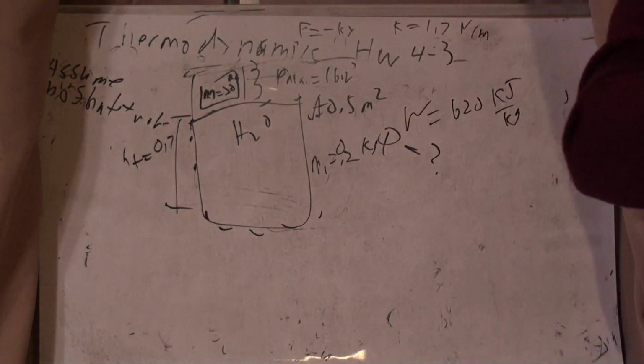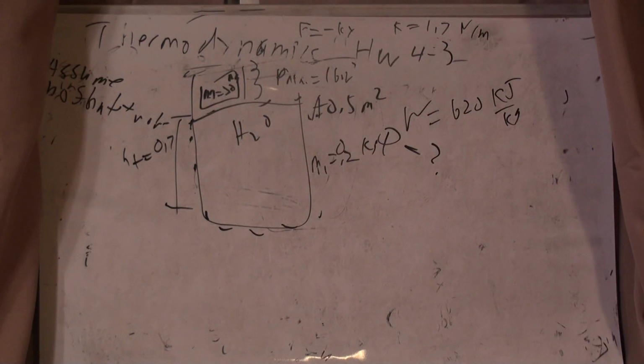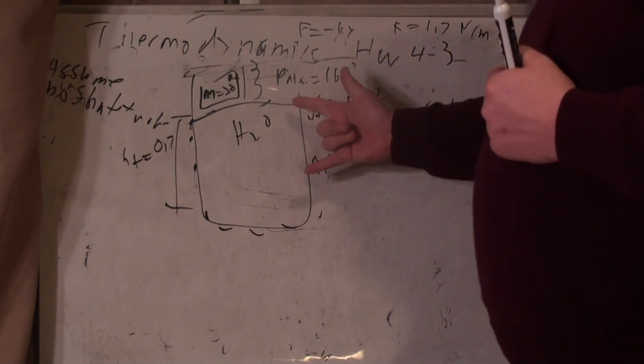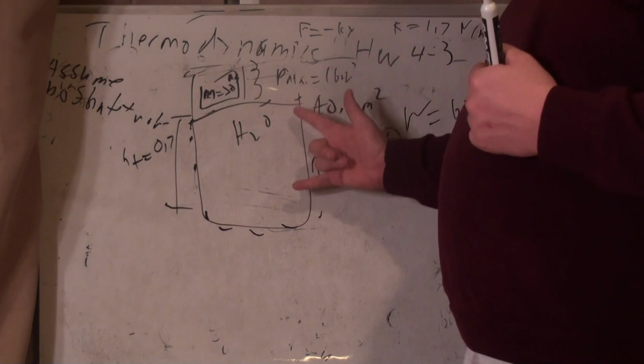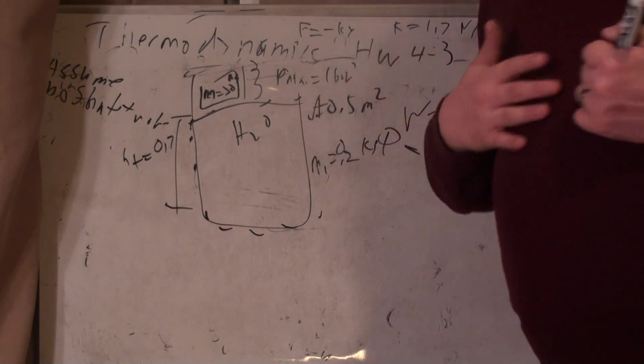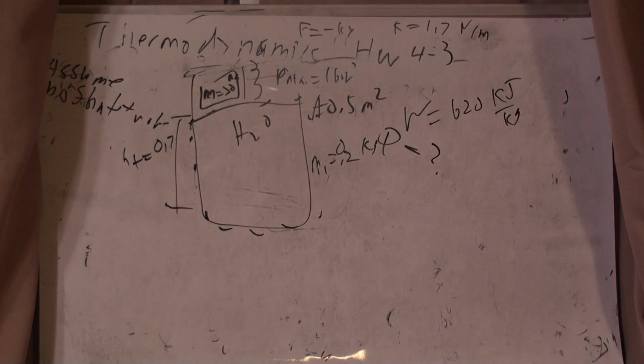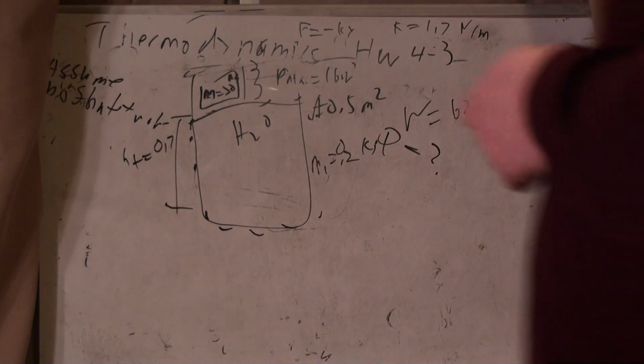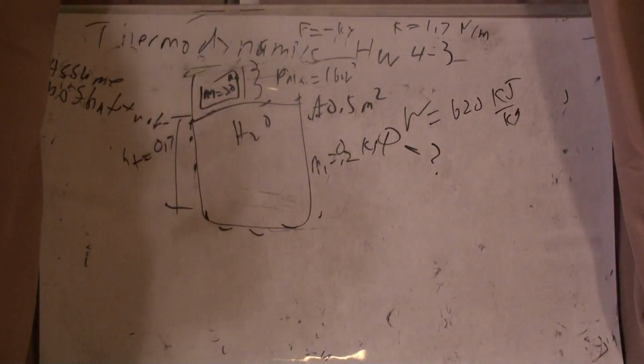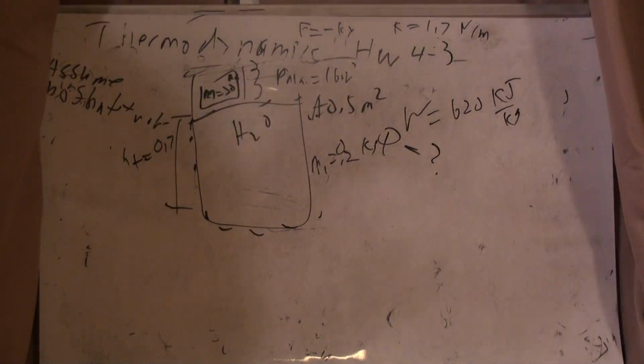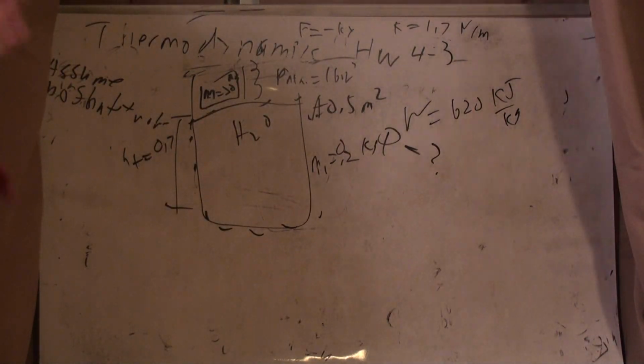It doesn't have a pressure at this initial condition, but it is going to have a pressure at the end condition. But I might not need to know if it's constant pressure or not because I have a work term. So let's not assume it's constant pressure. It might be, it might not be, but let's for now be on the safe side.